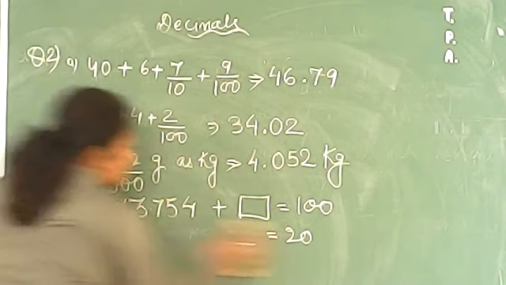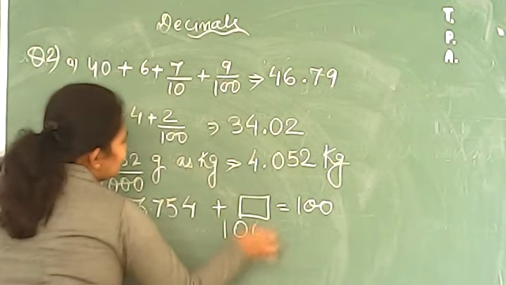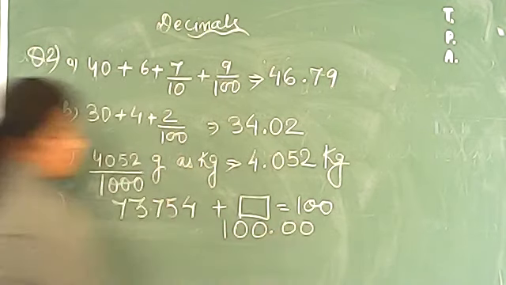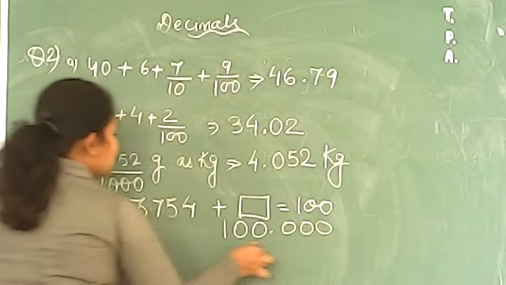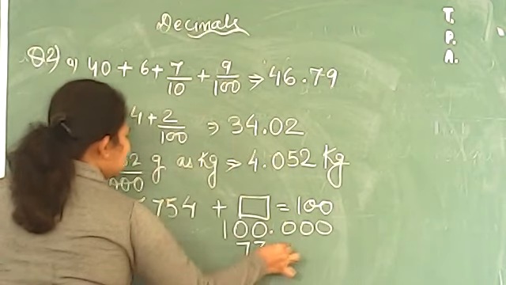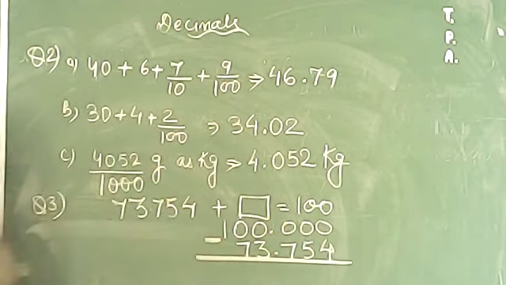तो कैसे सब्ट्रैक्शन करेंगे, पहले you will convert in the form of decimal. So it would be 100.000. ठीक है, now what we need to subtract? We need to subtract 73.754. So now just start subtracting.